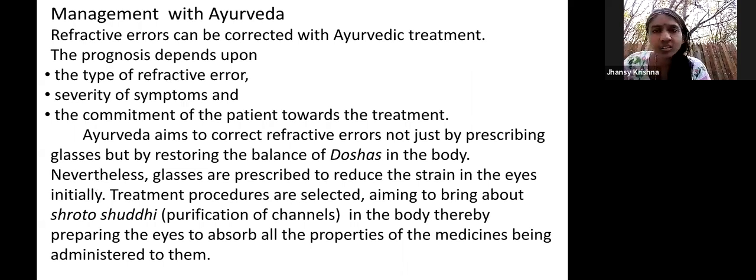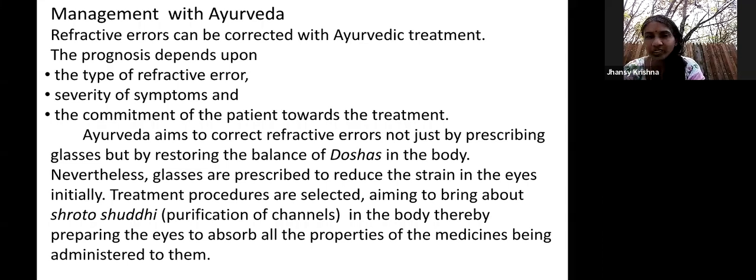Management with Ayurveda. Refractive errors can be corrected with Ayurvedic treatment, but the prognosis depends upon the type of refractive error and severity of symptoms.